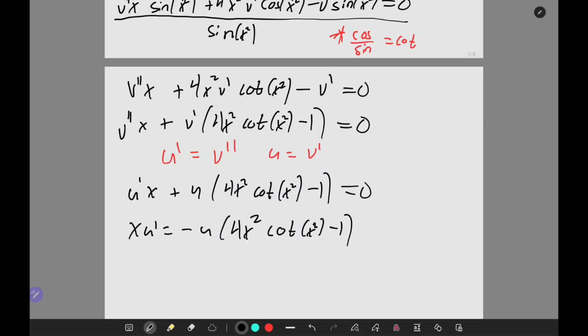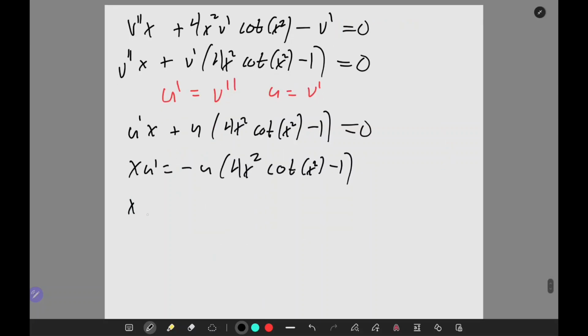I believe right here we could separate the variables, right? We can divide that u over and divide that x over. So x du dx.